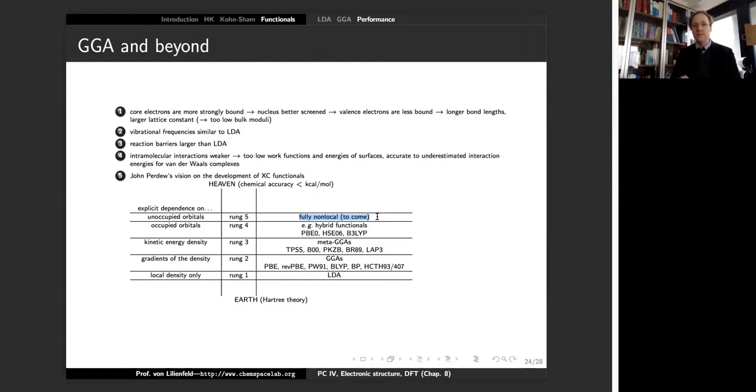Okay, so this is then also fully non-local, because your occupied orbitals might be somewhere completely else, and so this should be the kind of physics you want to get the highest predictive power.